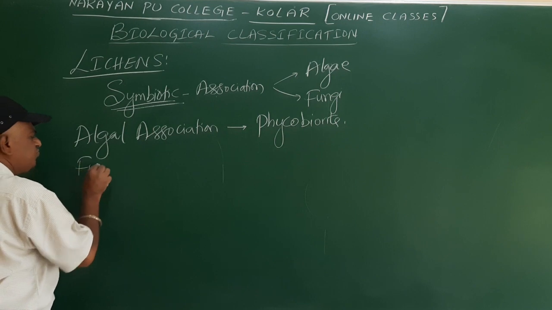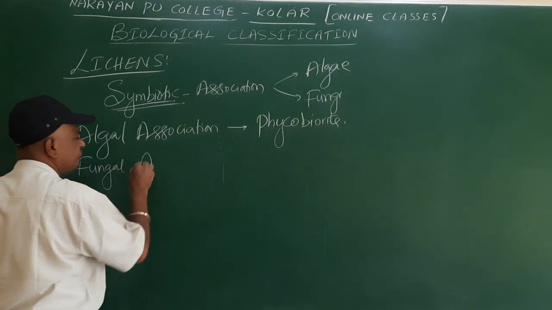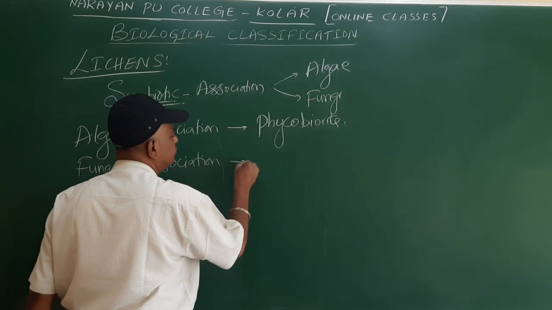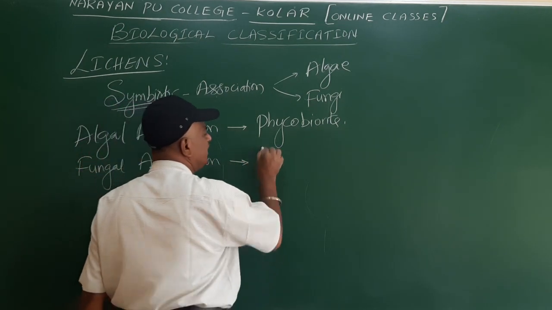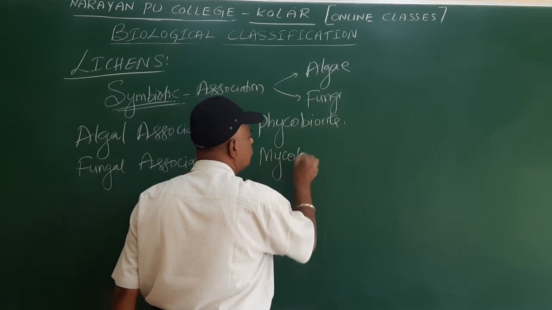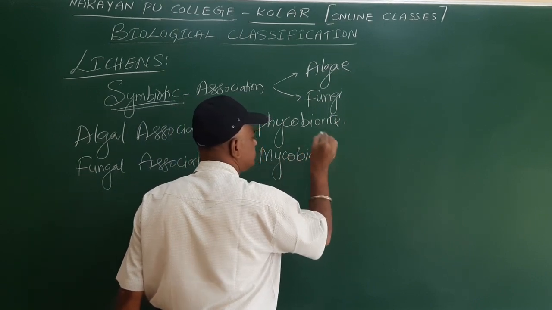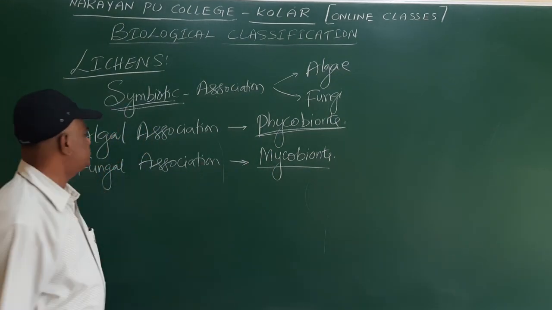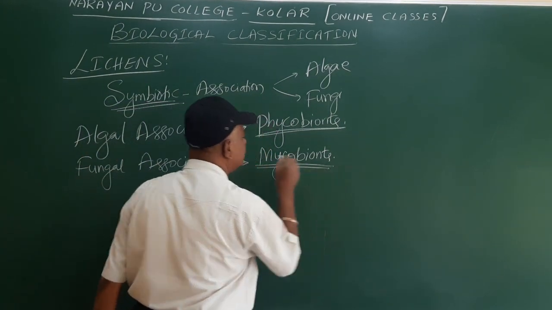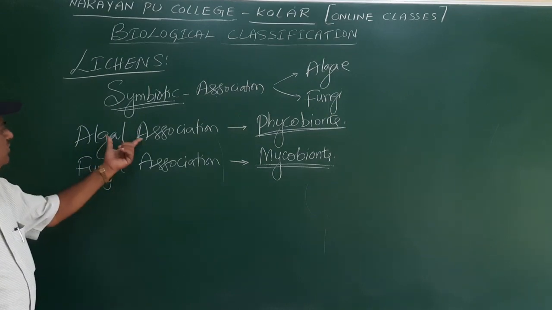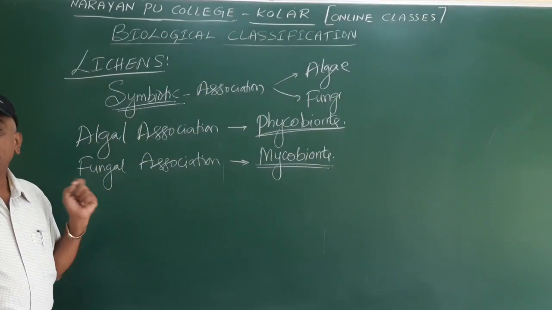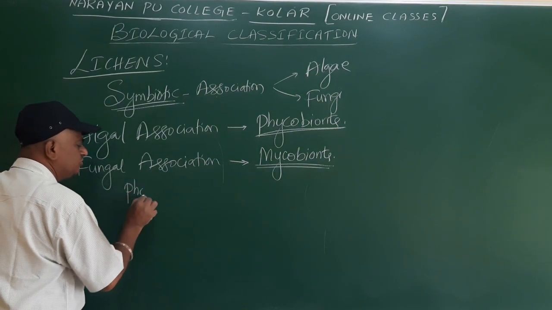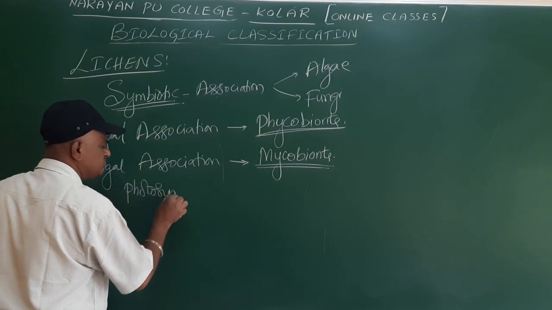And the fungal association with lichens is called mycobionts. So here algal association is phycobionts, fungal association is called mycobionts. Here the algal plant has a green pigment called chlorophyll, so they help in photosynthesis.